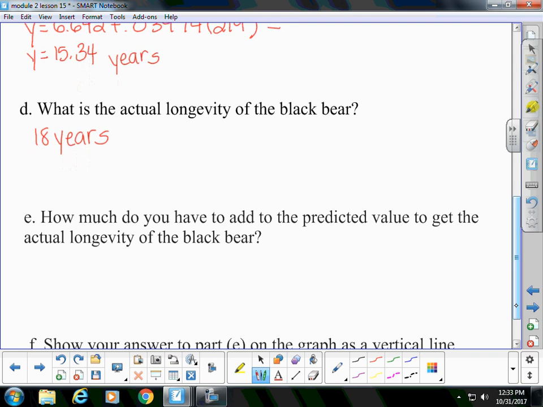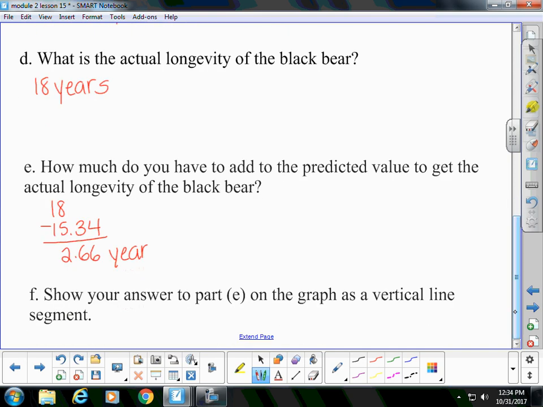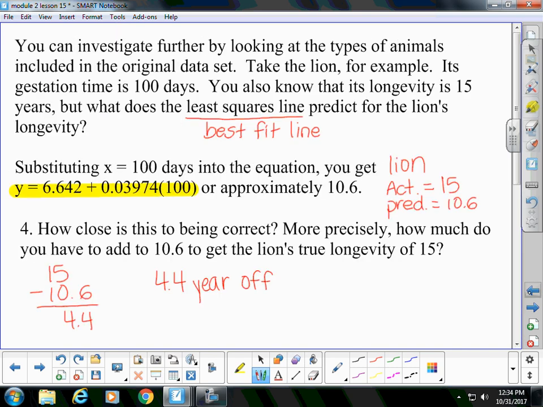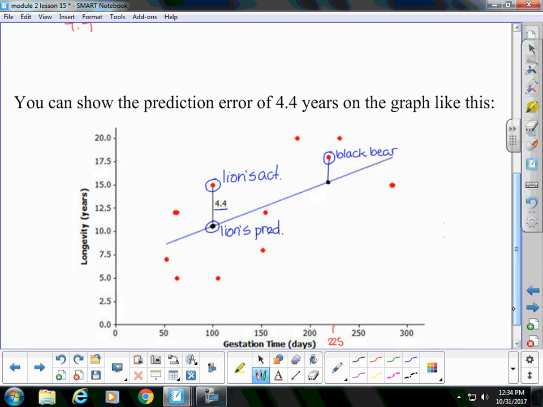So let's see how far off it is. 18 subtract 15.34 is 2.66. So that's how far off it is. It says show your answer on the graph as a vertical line, just like the other one was. And that's the line I just drew here. So this would be the 2.66, how far off it is.